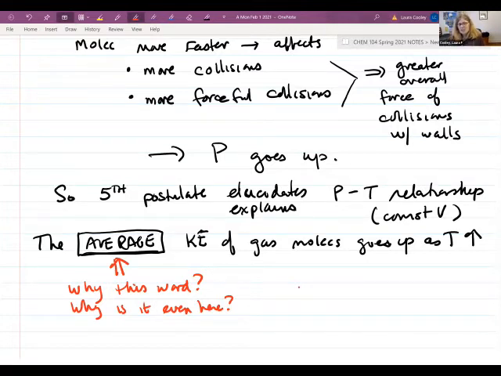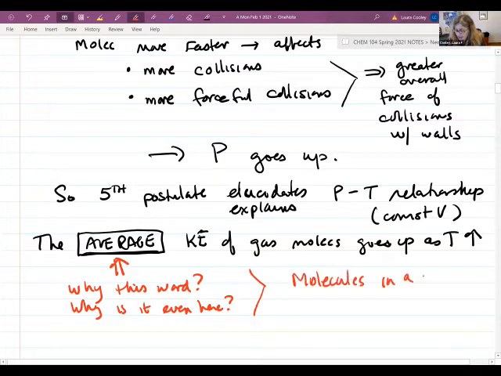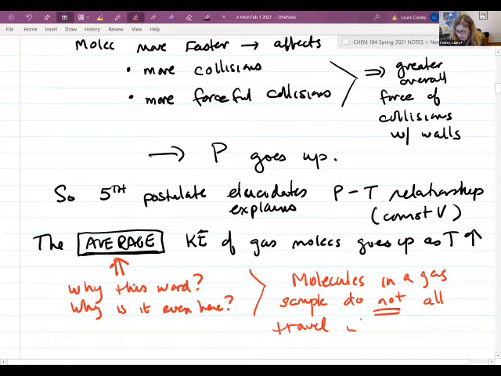I'm sure there are many molecules in the sample that are traveling with the same speed, but the answer really is that the molecules are not all traveling with the same speed. So molecules in a gas sample do not all travel with the same speed.